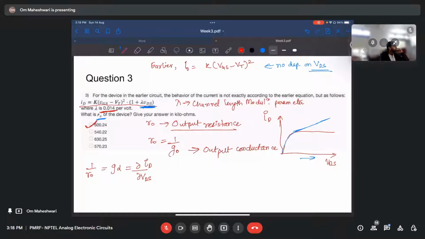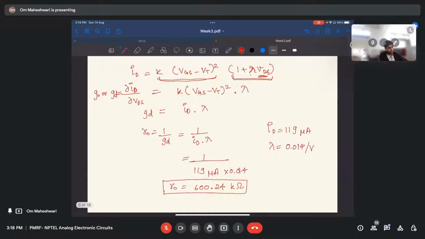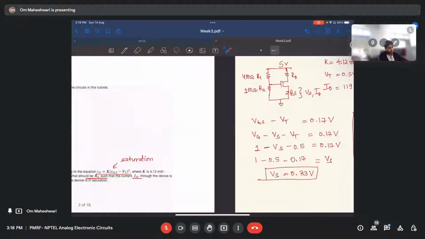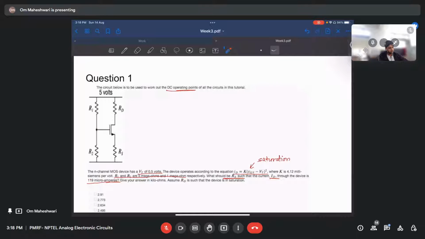Sir, what is the value of ID? ID is 119 microamperes. It is the same value as given in question 1. We will take the same value throughout all the 10 questions. Okay, sir. I think in your assignment it is also written that we have to use similar values in all the questions.